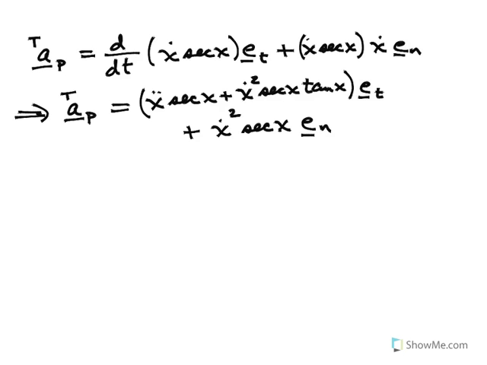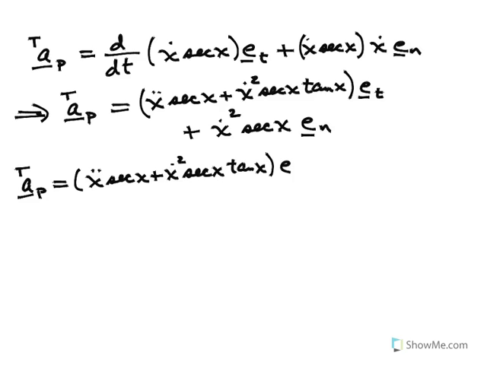So our final expression, on one line, is x double dot secant of x plus x dot squared secant of x times the tangent of x times e sub t plus x dot squared times the secant of x times e sub n.